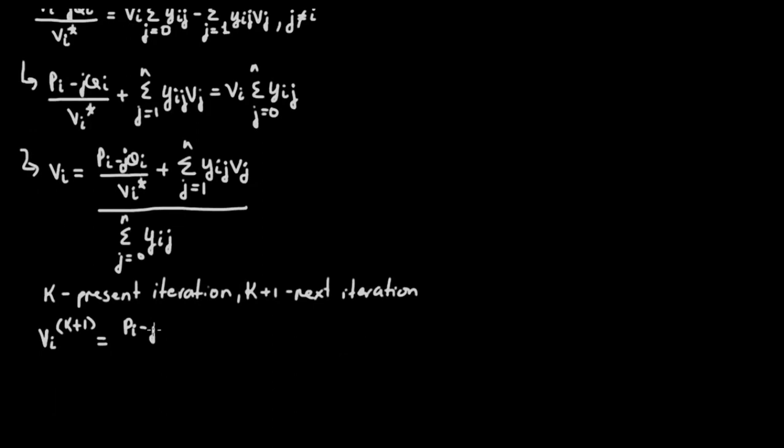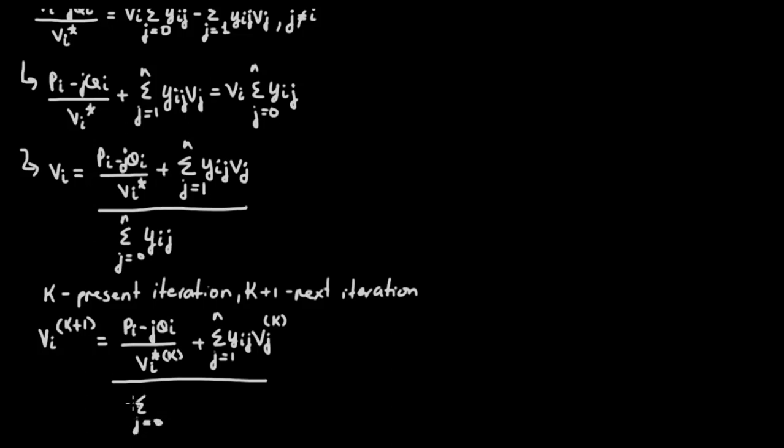So Pi minus jQi over Vi conjugate, but this Vi again is the present iteration, so Vi(k), not k plus 1. And all of that plus the summation as j goes from 1 to n of Yij Vj, and this Vj is also the present iteration. And then all of that over the summation as j goes from 0 to n of Yij.